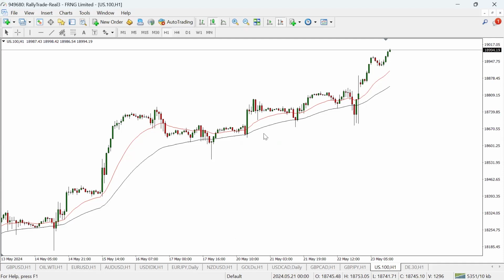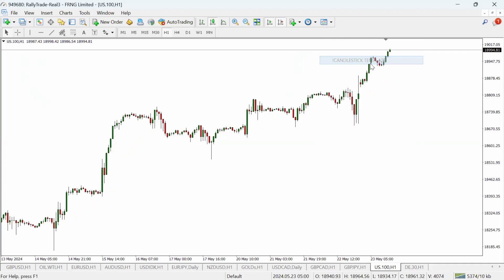If you have a particular instrument that trends about 70% of the time, trust me, you can make money about 70% of the time also, as long as you're trading with that particular direction.